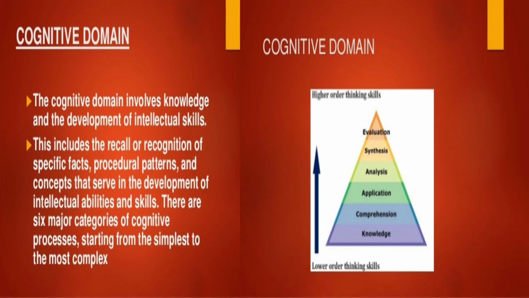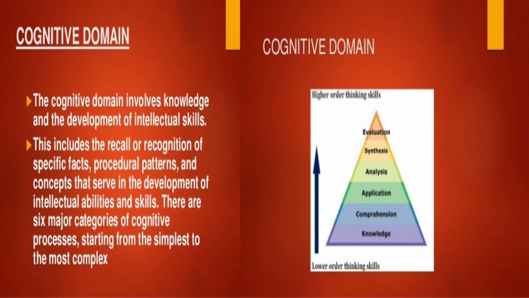Then you will start analyzing what is the difference between a plant cell and an animal cell. Then you start synthesizing your points about what are the structures which are present in a cell. If it is a cell, how to evaluate it, like that. So it proceeds from the lower level, namely knowledge, comprehension, application, analysis, synthesis, and evaluation.